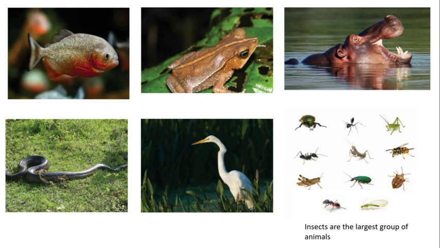I see a fish and a frog or a toad, a hippopotamus, a snake, a bird, and some insects. They have lots of things in common and lots of things that are different. For example, a fish swims underwater and can breathe underwater, but a bird can't, right?